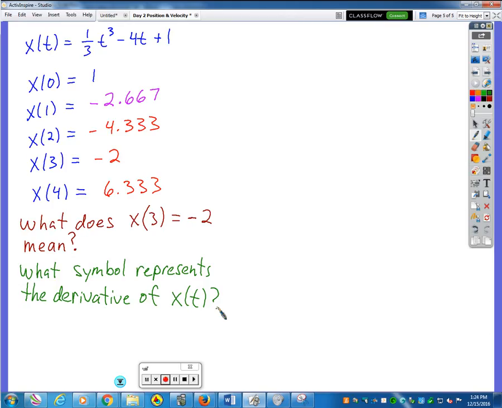Write that down, please. There could be multiple answers on this one as well. What symbol is used to represent the derivative of x of t? Several answers are correct here, you just have to have one of them. This one is off the yellow sheet.